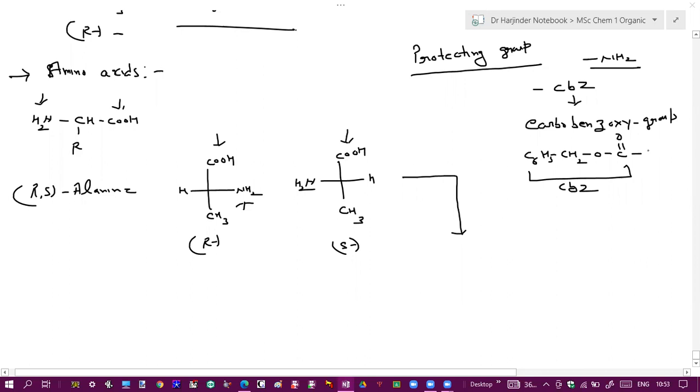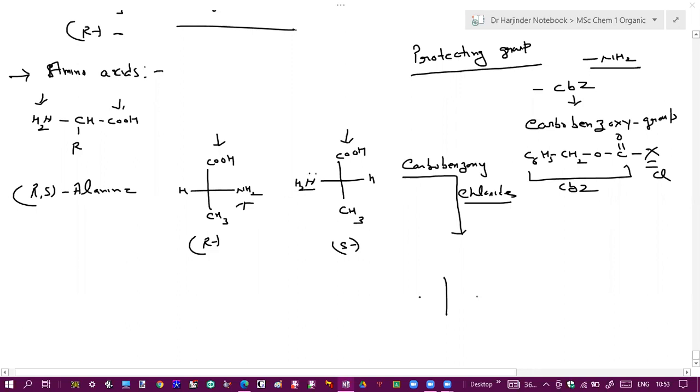Attach a chlorine, HCl will be released. A nucleophile will attack this carbonyl group and HCl will leave. So you can treat it with carbobenzoxy chloride. That will put the CBZ group on this NH2.